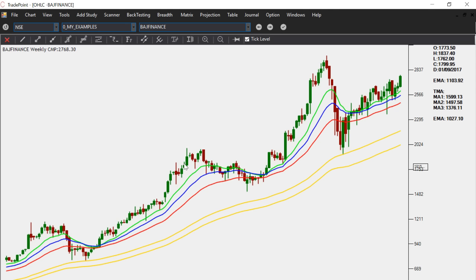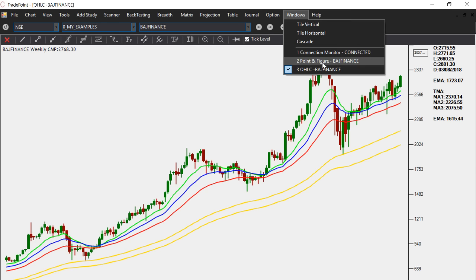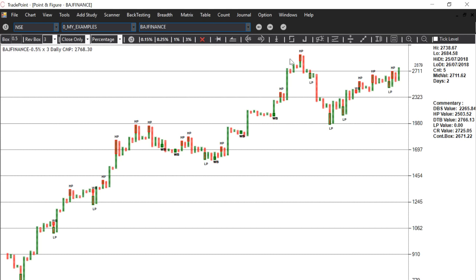The triple moving average has never been disturbed, and it is always seen in an orderly trend. Even if big corrections happen, the price takes support, and when the price comes into this area and bullish candles are forming, we can also see bullish patterns forming on point and figure charts.